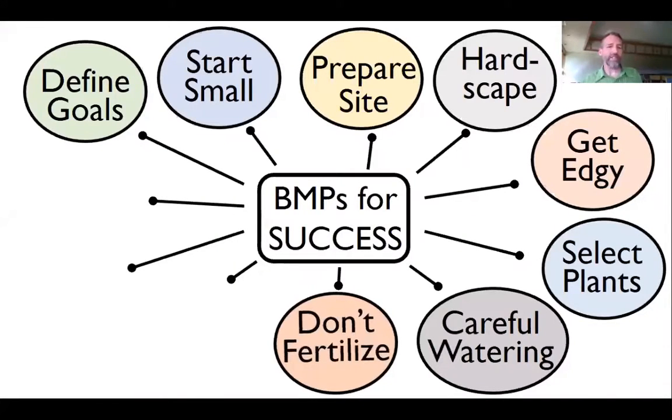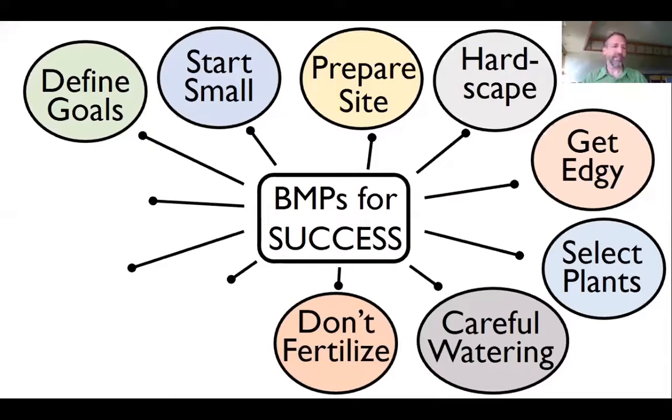The next one is to not fertilize. These native plants out in the landscape with those deep roots do just fine in dry, rocky soils, not a lot of nitrogen and phosphorus in the top layer that they're dealing with. And so you don't need to fertilize these plants. In fact, if you take them out of that setting and bring them into this urban landscape with rich soils where they're getting lots of moisture, sometimes they'll grow 2 to 3 times the height that they would out in their natural setting.